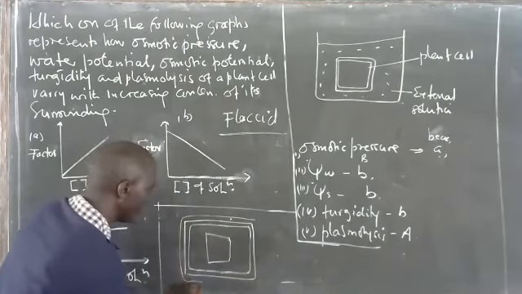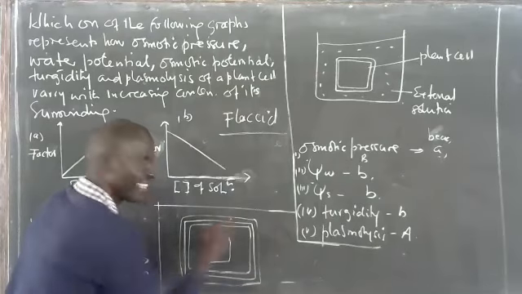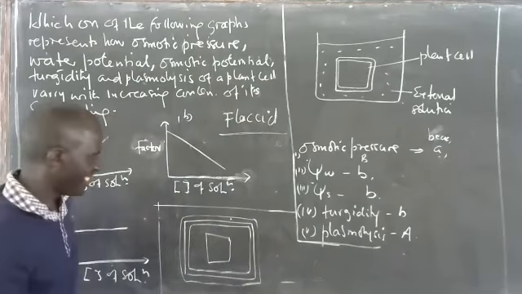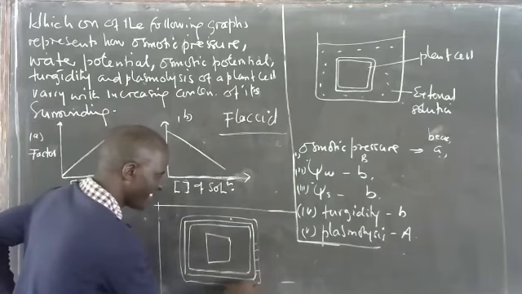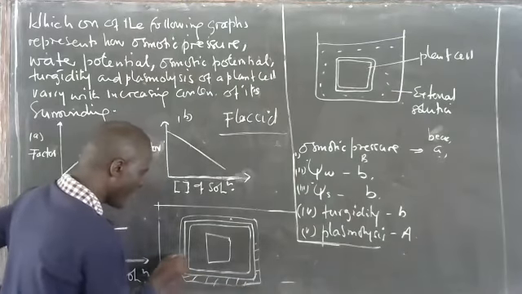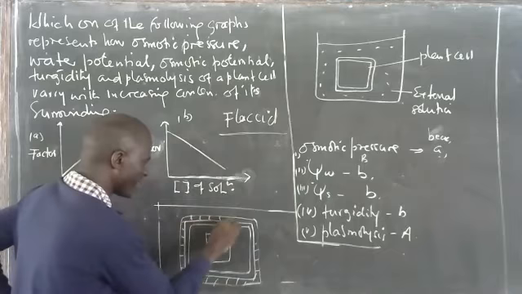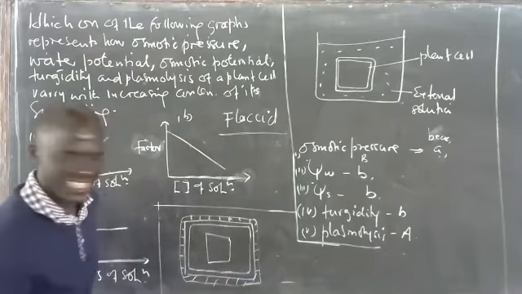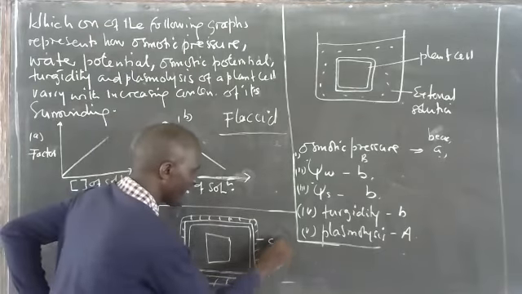These are the two. If you remember your plant cell, this one is the cell wall. I've used the double line because it's thick. This is the cell wall.